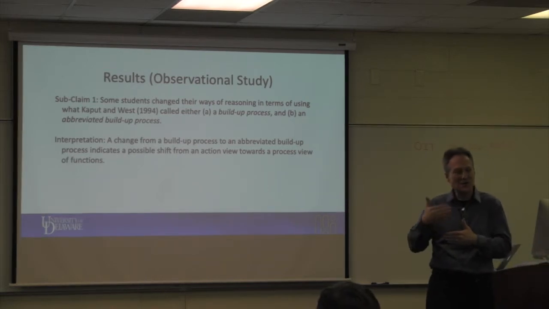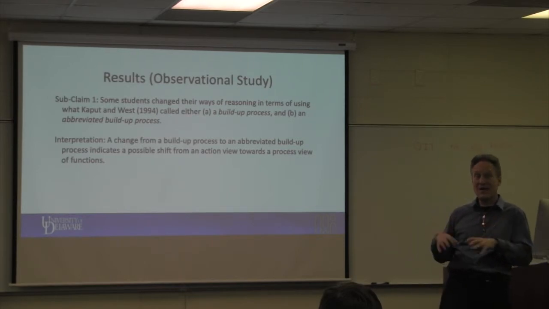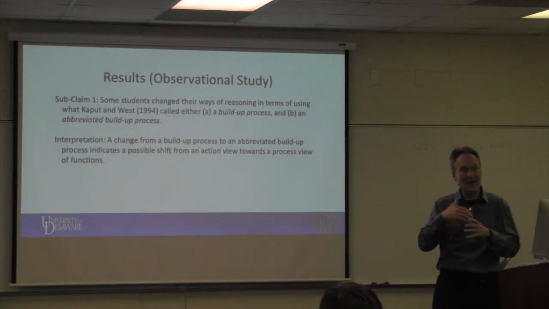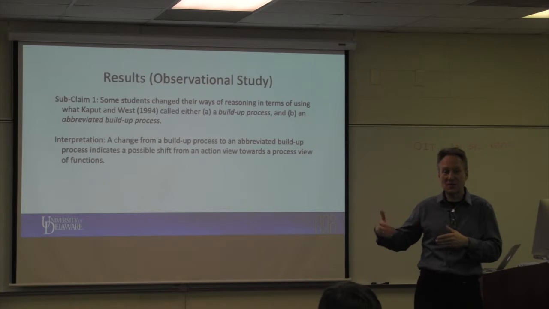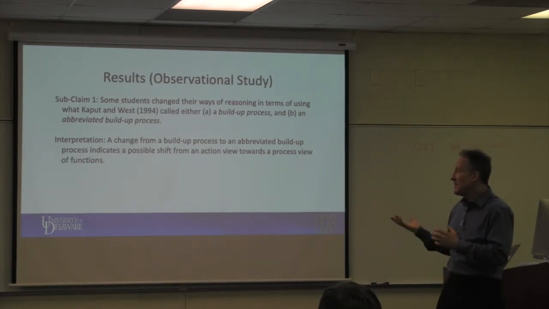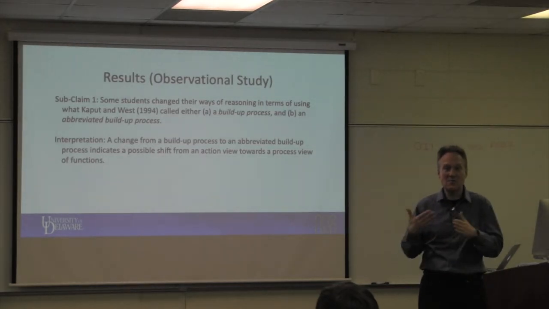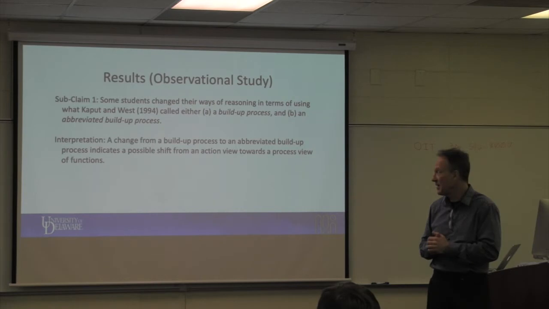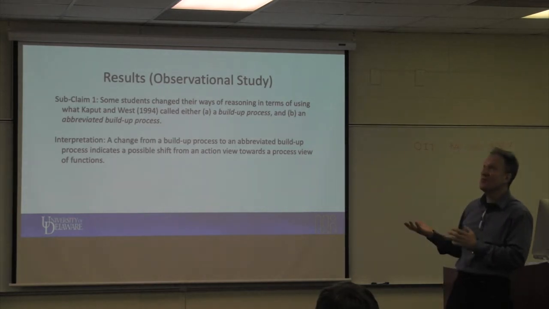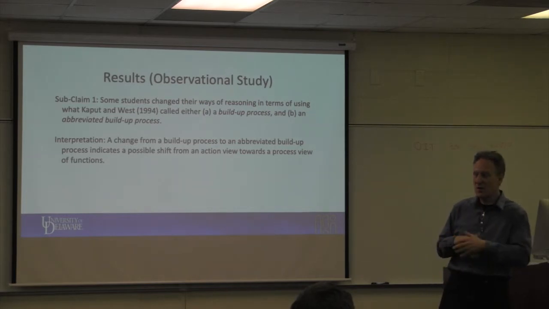Because you're no longer doing one step at a time; you can realize more holistically that each day it's going to grow the same amount, and so you can do it all in one step. Another interpretation would be that they're going from additive reasoning to multiplicative reasoning. Or another way would be going from covariational reasoning to correspondence view reasoning.